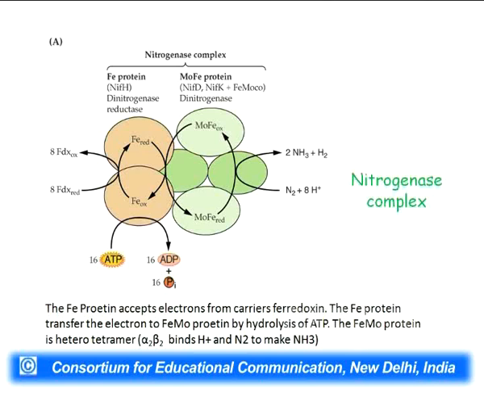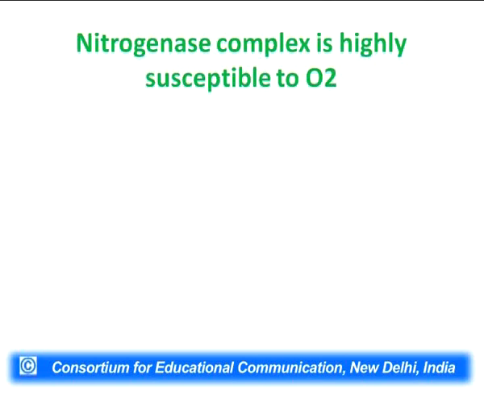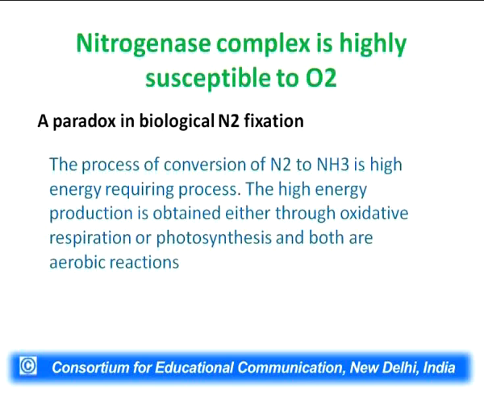And there is a paradox in nitrogen assimilation: the nitrogenase complex is highly sensitive to oxygen and does not work when oxygen is there, but at the same time you need oxygen for generating energy. So there must be a mechanism by which microbes can bypass the oxygen environment to make ammonia.